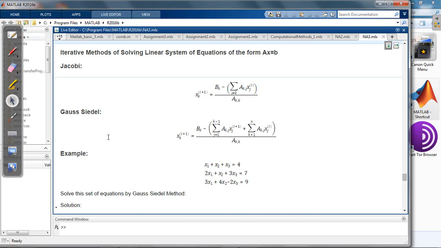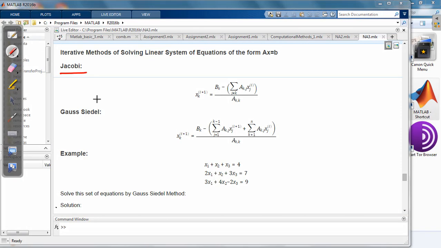There are two kinds of iterative method as described here: one is Jacobi, another one is the Gauss-Seidel method. In Jacobi's iteration or in Gauss-Seidel, the superscript is the iteration number, and the subscript is the variable number that you are solving.